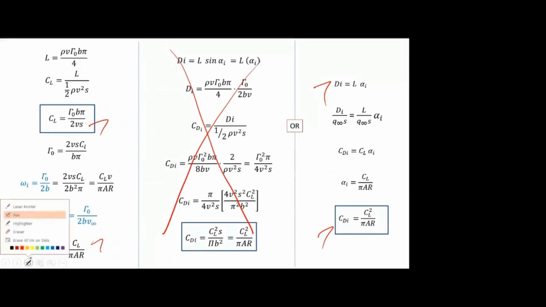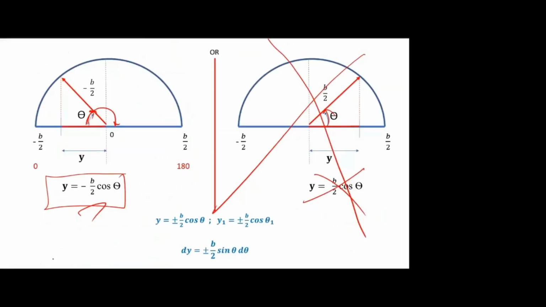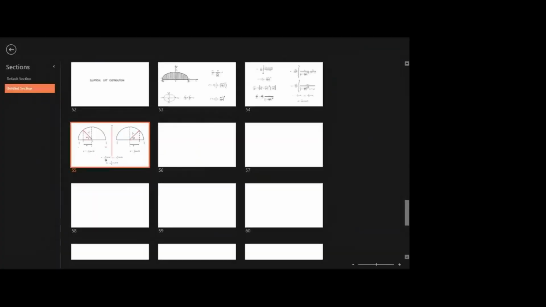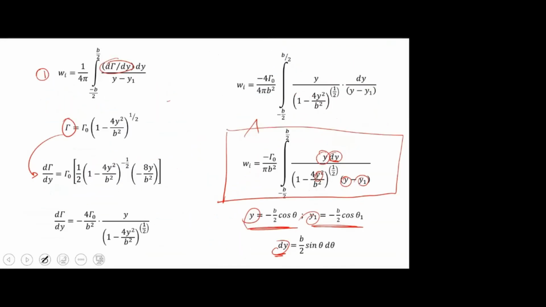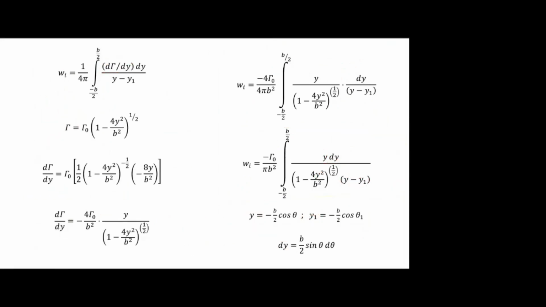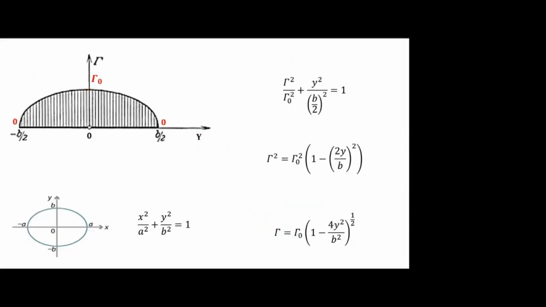So mostly you'll get a lot of problems from this, the lift distribution thing. First step, we are finding gamma.